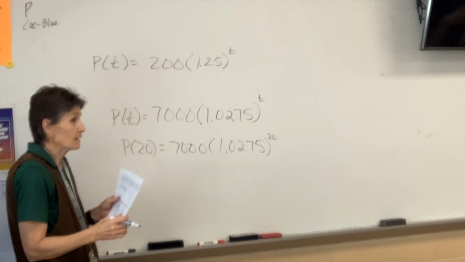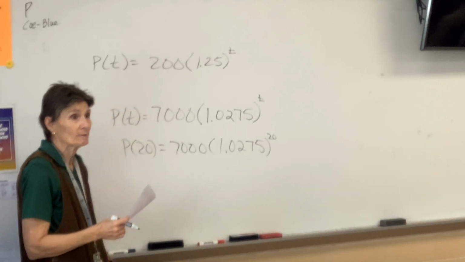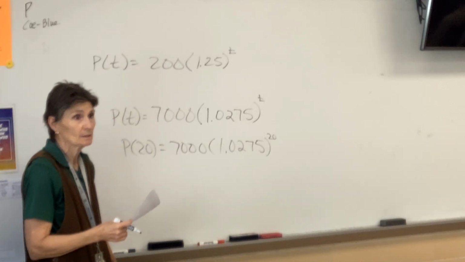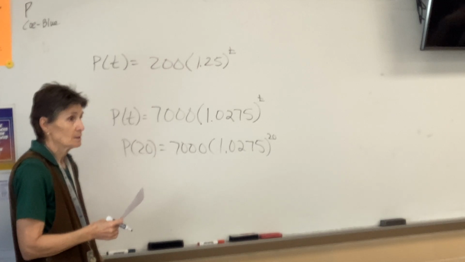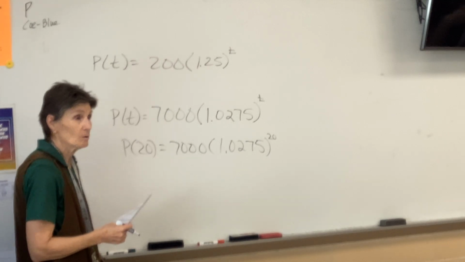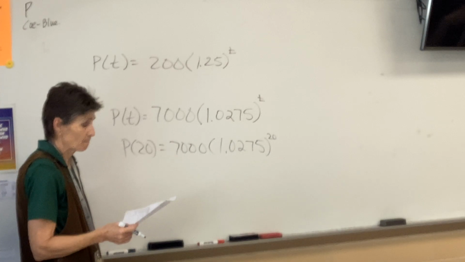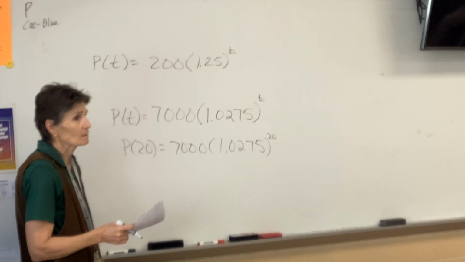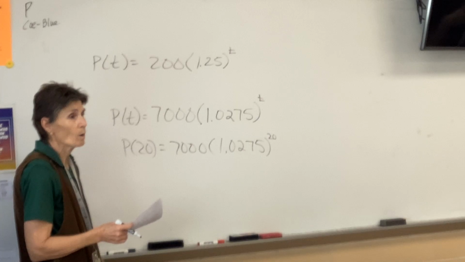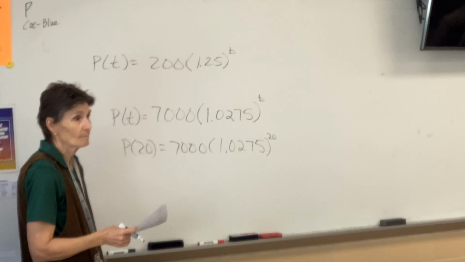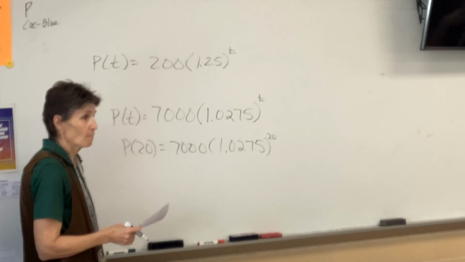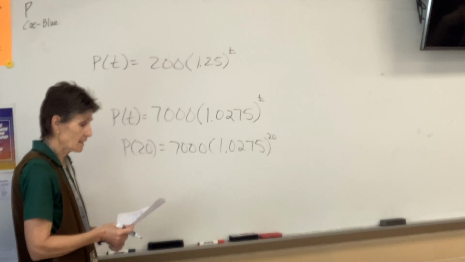It isn't going to come out to be a whole number, so I'm going to round it off to the nearest whole number, because these are people. Super close, good. What is it, Violet? 12,042.99. So 12,043. Everybody good with that? Okay.